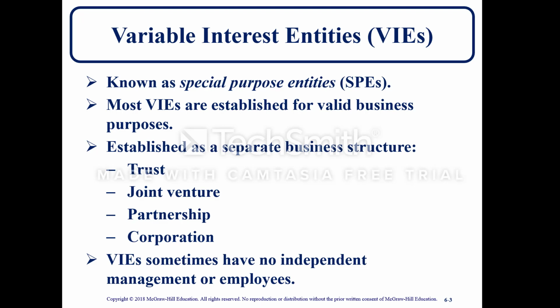So, variable interest entities, also known as VIEs, were previously known as special purpose entities. Most VIEs are established for valid business purposes. They're established as separate business structures, usually a trust, a joint venture, a partnership, or another corporation. VIEs sometimes have no independent management or employees.